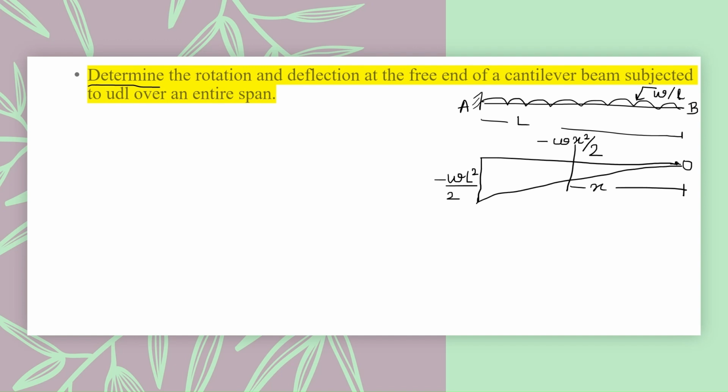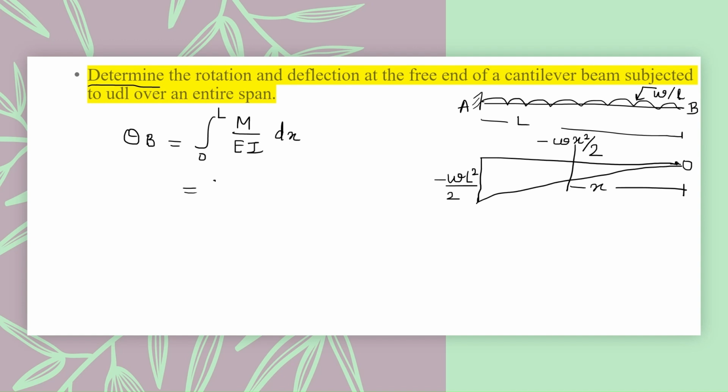Rotation at free end theta B can be found out by using the moment area method. According to the moment area method, the change in slope between 2 points on a straight member equals the area of the M by EI diagram between these 2 points. So theta B is equal to integral 0 to L of M by EI into dx.